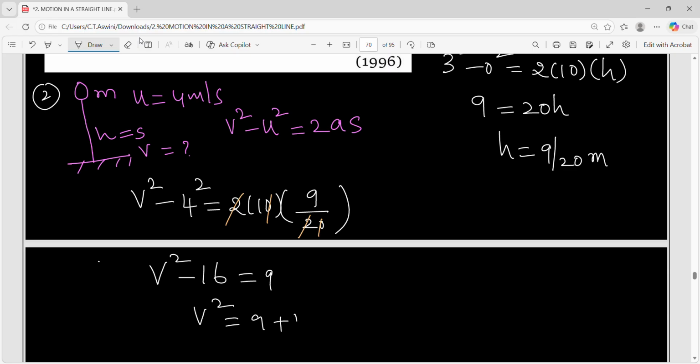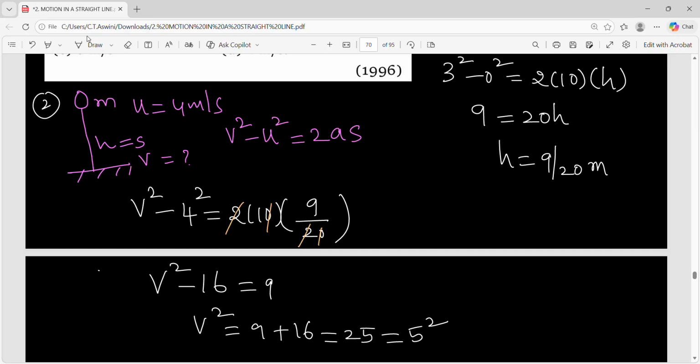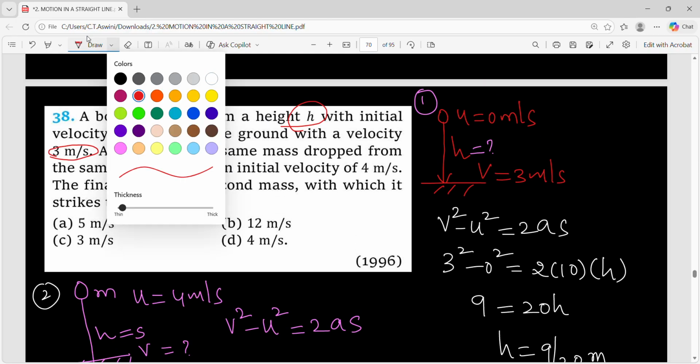So v square is 9 plus 16, which is equal to 25. You can write it as 5 square. Now what is v value? It is 5 meter per second. That means the final velocity of the second ball is 5 meter per second. Option number A.